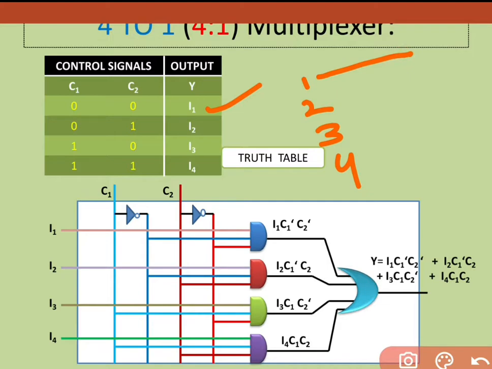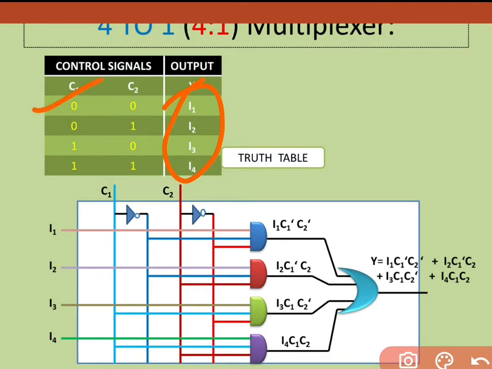But when our control signals are 0 1, then we are getting the second one as output. When we are having 1 0 as control signal, then we are getting 3 as output. And when we are having 1 1 as control signal, then we are getting 4 as output. You have to remember all these things: when control signal is 0 0, then we are getting I1 as output.